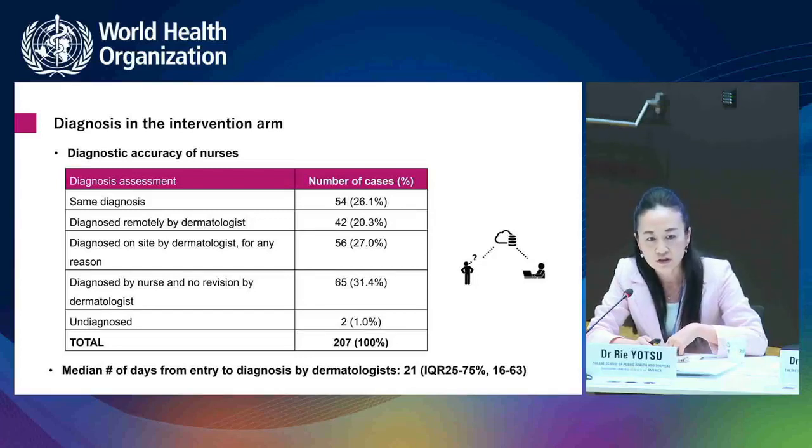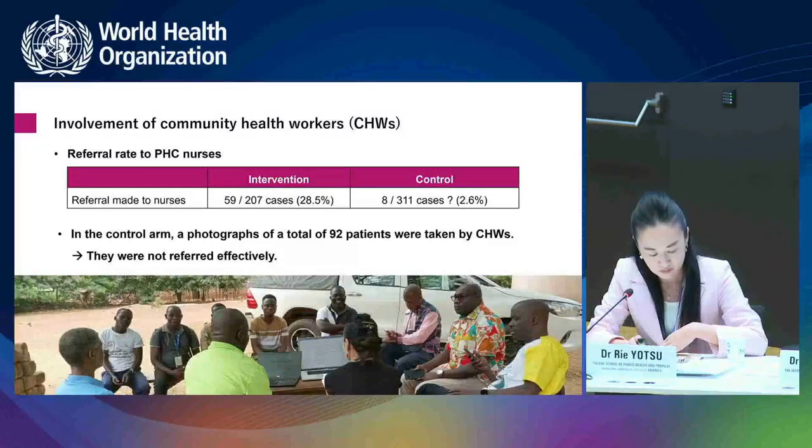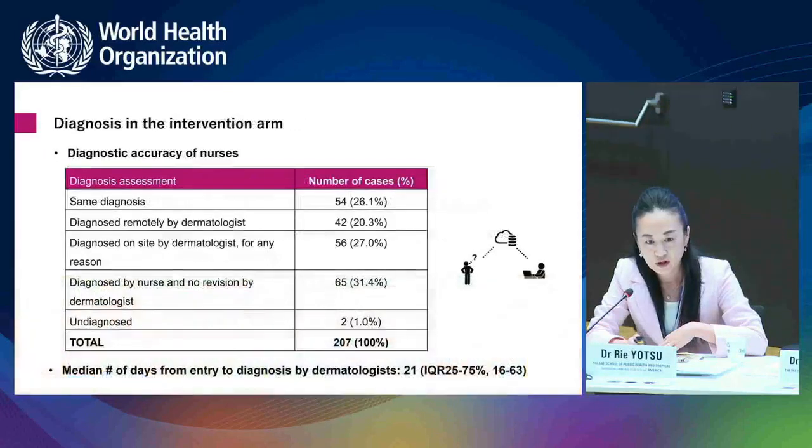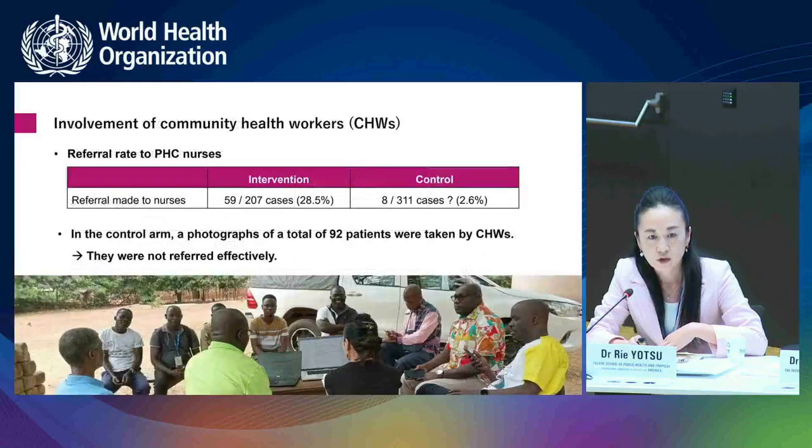Also, skin conditions such as subcutaneous lesions were difficult to diagnose just by the photos and the clinical information. So these were some of the challenges we had for the remote diagnosis and the cases that were diagnosed on site. And also the median days from entry to diagnosis by dermatologists were 21 days.